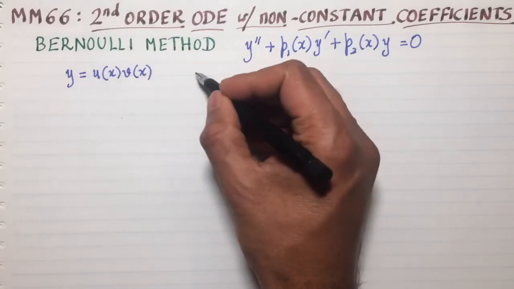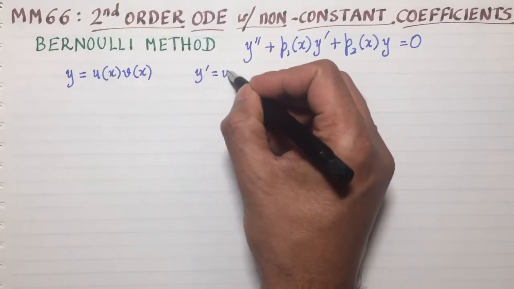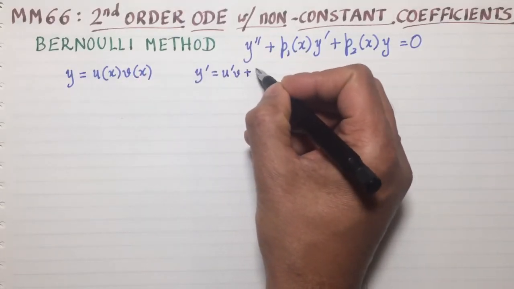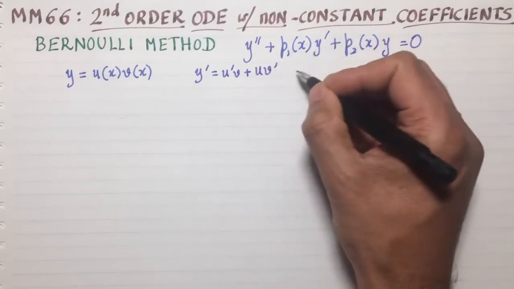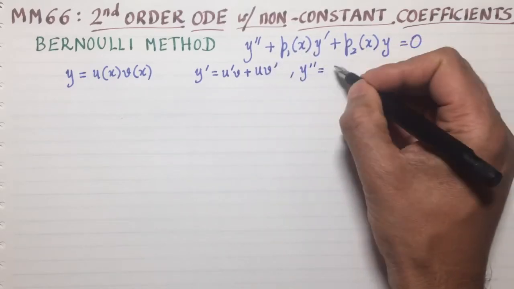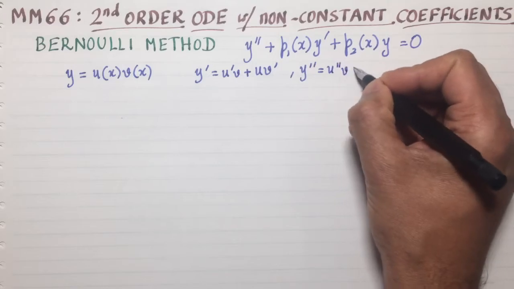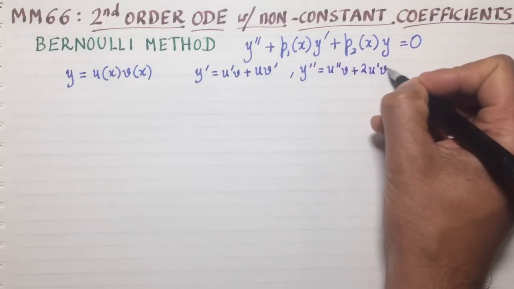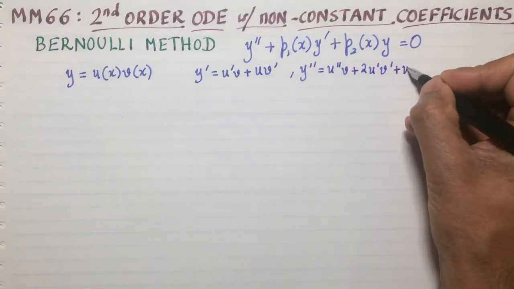If you do this, the first derivative is u prime v plus u v prime, and the second derivative is u double prime v plus 2u prime v prime plus u v double prime.